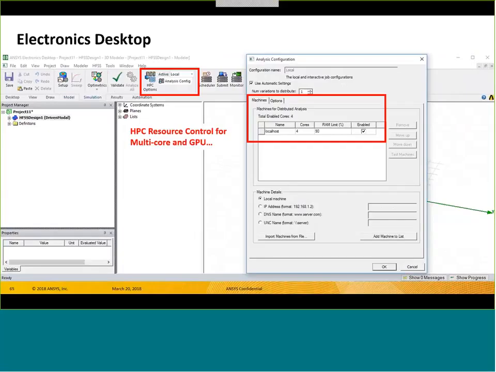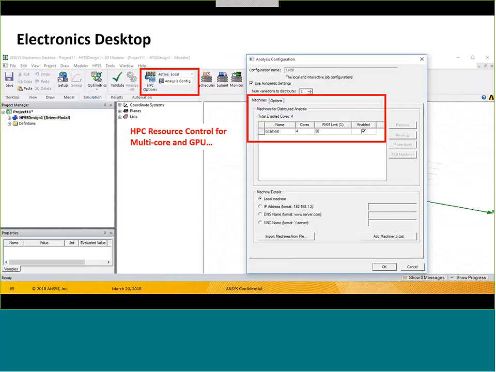Another thing that's important is HPC setup. Resource control is available all directly inside the interface. Whether it's controlling multi-cores, let's say on a laptop on one computer, or maybe distributing a job across a multi-blade Linux cluster, you can just set up a configuration one time and then call that configuration with however you want to distribute your job.